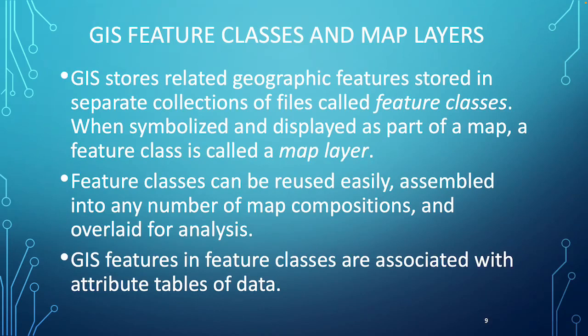Every address for the different houses is going to be a different feature, and you might have associated with each of those other data, other classes of data. It could have first its address, but then maybe its square footage, or its number of people that live there, or the phone number of the house, or something like that. So you can have tables of data that could be associated that way, and they could be linked together with different spatial data as well, and then display that.